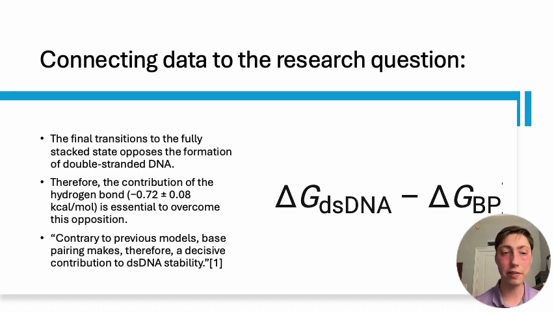This is contrary to previous models which said, this hydrogen bond base pairing is not as essential to double-stranded DNA stability. However, this points out and highlights actually double-stranded DNA stability base pairing is essential for that.